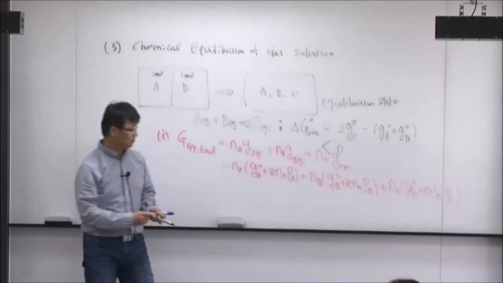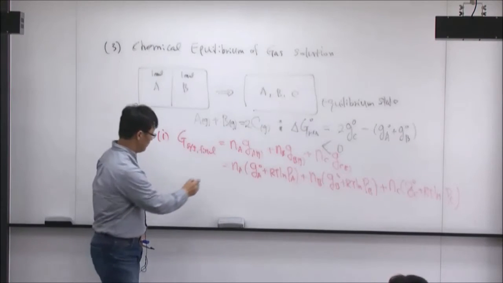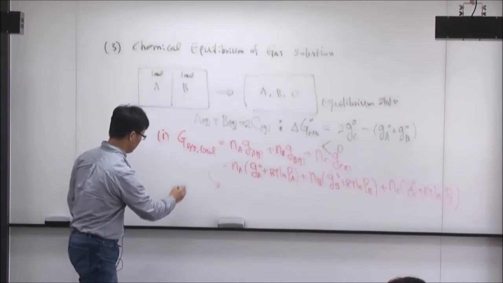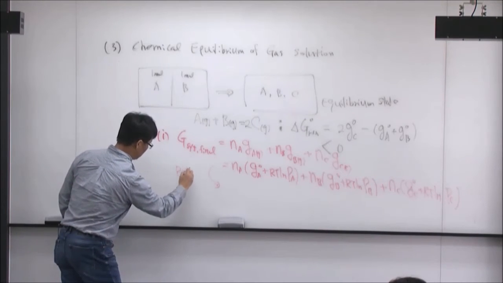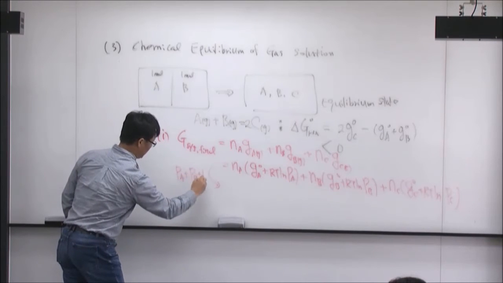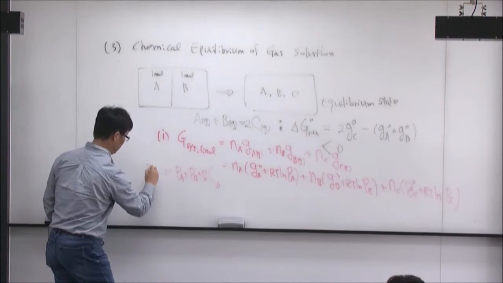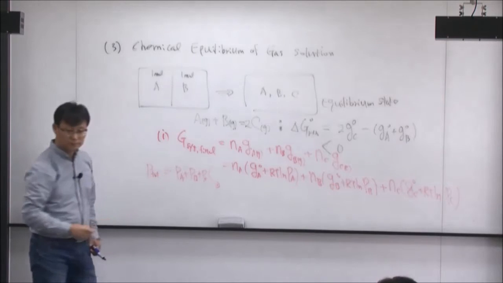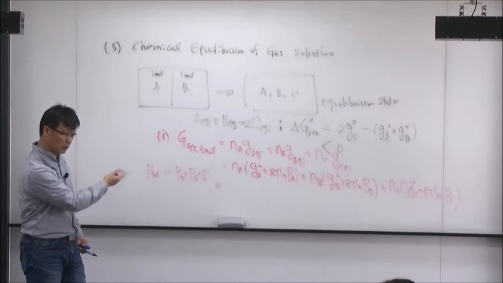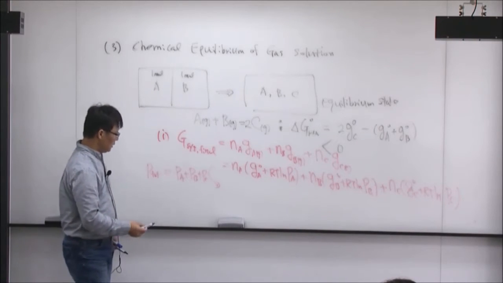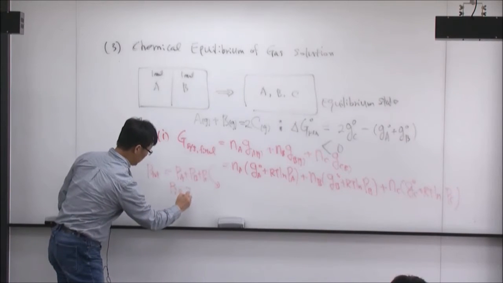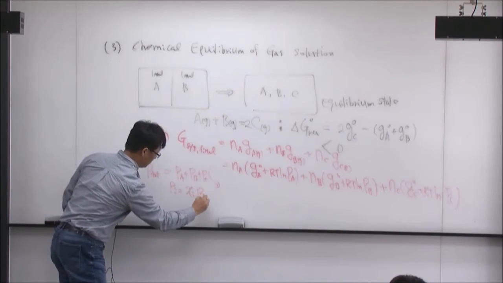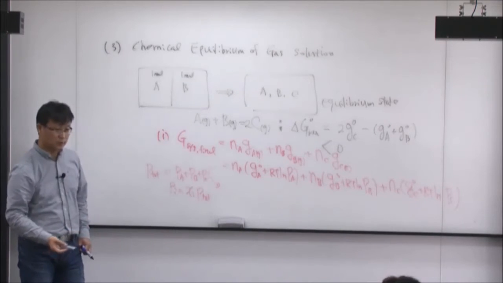So this is okay. And then what we have to consider here is that PA plus PB plus PC equals P total. That's the concept of partial pressure. And Pi equals Xi times P total. So we can consider this too.